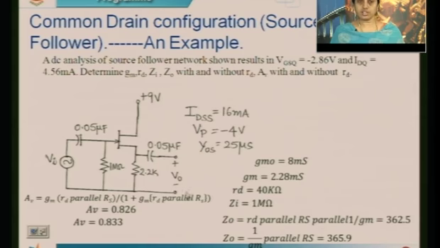That is, the output node is from source to ground. So, it is a source follower circuit. Apart from this, some more FET parameters are specified, like IDSS value is given, VP and YOS. Now, let us see how we can evaluate all these AC parameters for this given circuit.